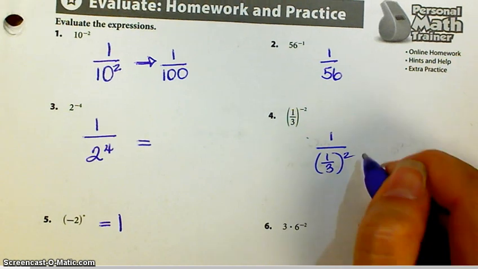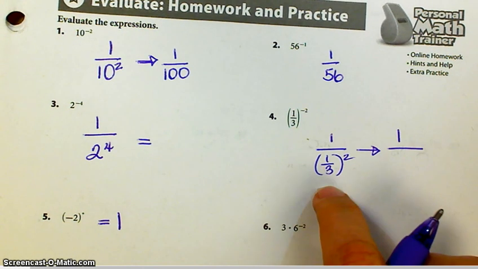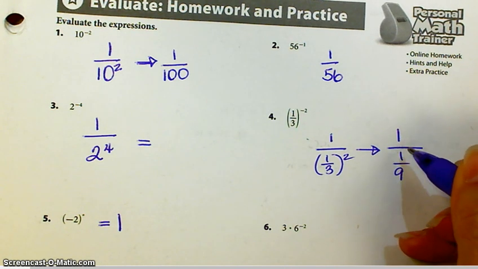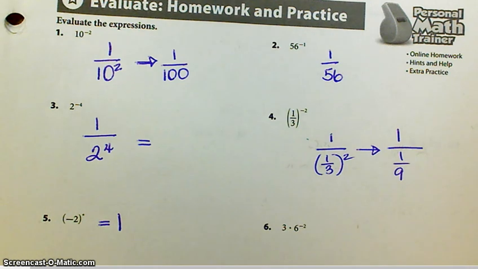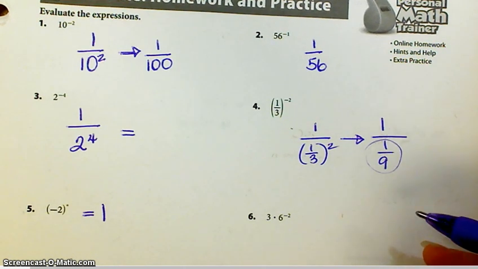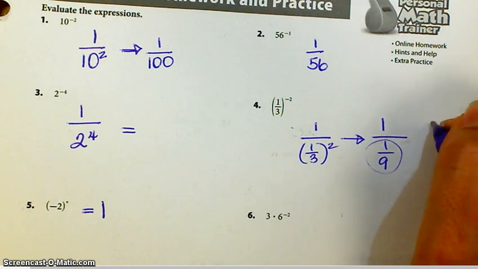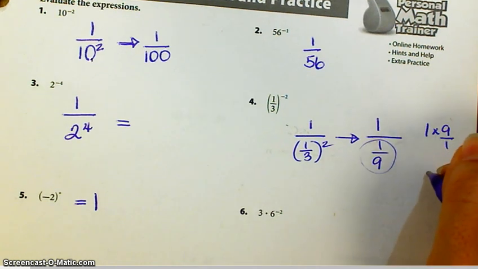Well, 1/3 squared is 1/9, so 1 over 1/9. If y'all remember your rules about dividing by fractions, when you divide by a fraction, it's the same as taking that fraction, flipping, and multiplying. So 1 divided by 1/9 is the same as 1 times 9 over 1, which is 9.